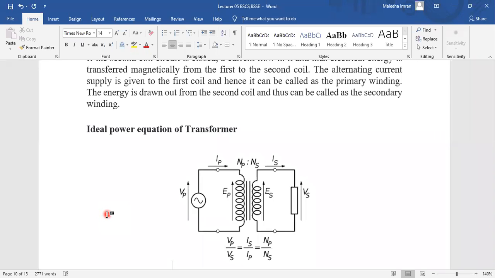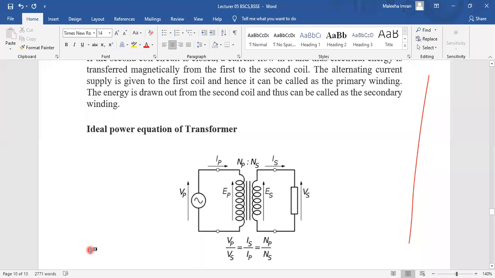The electrical power is defined as the product of current and voltage. So here we have two currents. One is called the primary current and the other is called the secondary current. So you can write IP into VP is equal to IS into VS. So then you can write here, this is a transformer equation.